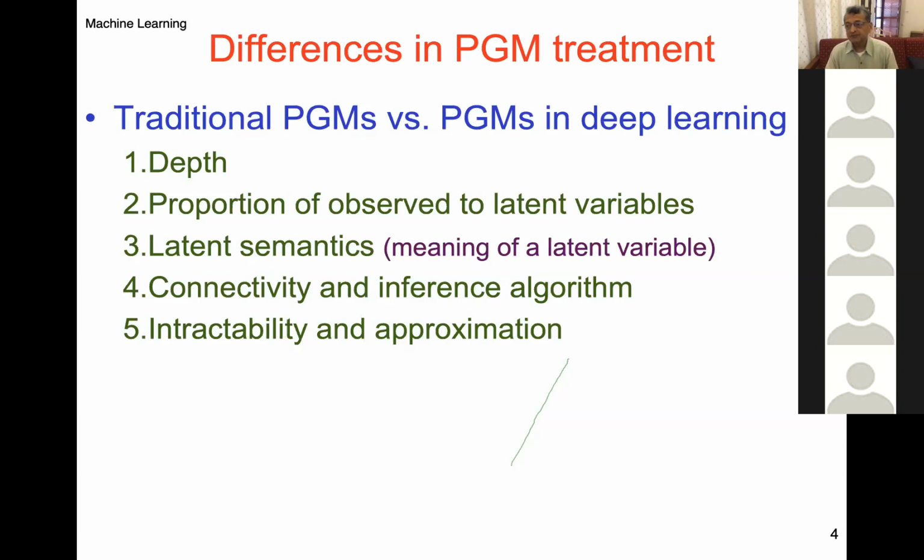Invariably, PGM problems, the naive algorithms are intractable. Even though a PGM is a compaction of a real-world probability distribution by ignoring lots of dependencies that are irrelevant, still, as soon as you draw a graph and say these are the nodes and these are the connections, won't you be able to give me an answer? If I give you some observations, can you tell me what is the value of the final output or something in between?